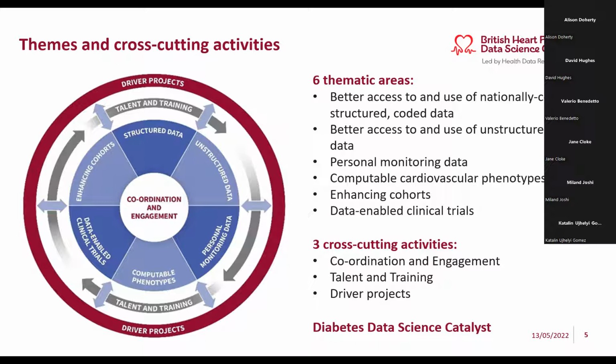And we have an area of work on enhancing cohorts where we're working with the community of investigators who have brought together UK-wide disease-based or high-risk cohorts in cardiometabolic space.